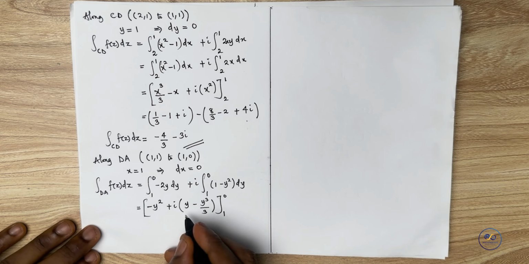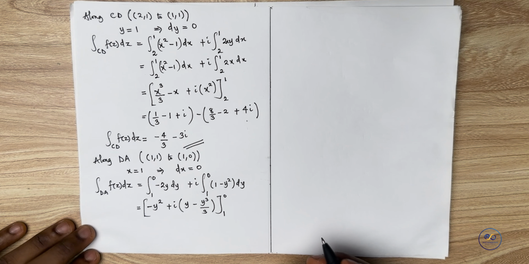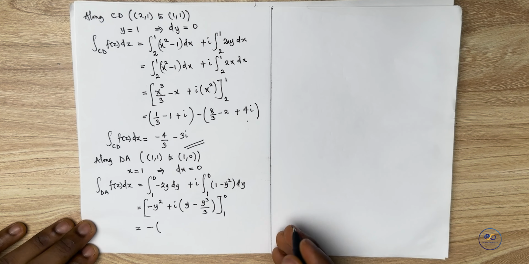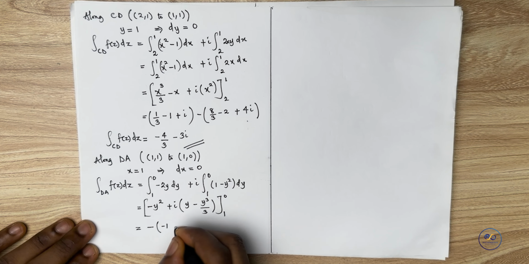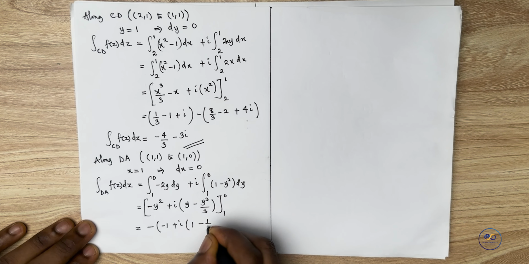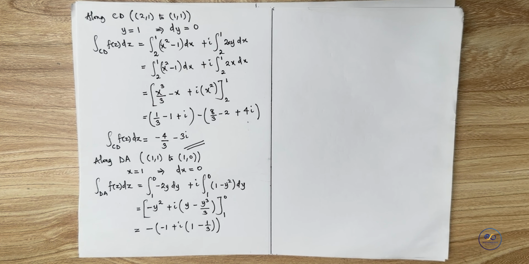So from here, the upper bound vanishes because y exists everywhere and y is 0 at the upper bound. And then the lower bound will be left with minus 1 plus i times 1 minus 1 over 3. This is what we're going to have on the lower bound.